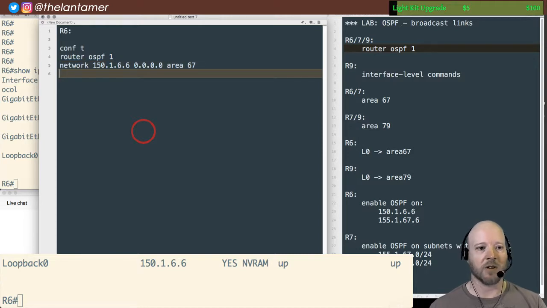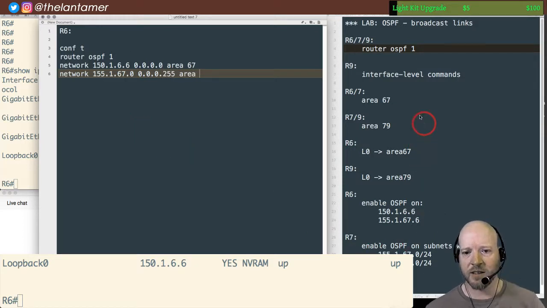Again, I'm doing this raw. I have not configured OSPF in a while, so hopefully that's right. Same here. I'm going to say network 155.1.67, and I'm going to put a 0 here. Area. Now, it does not say which area to put this in, like it did for loopback 0.